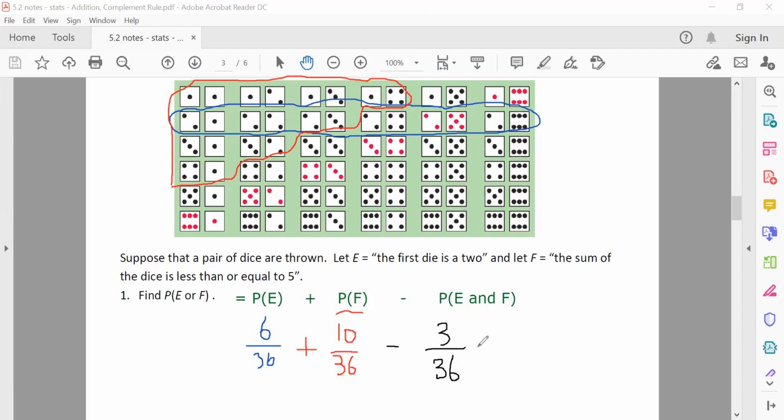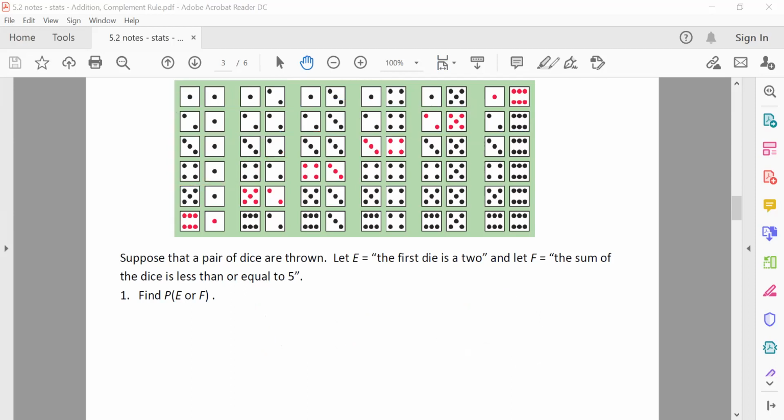So it's only counted once. 6 plus 10 is 16, minus 3 is 13 over 36. And then you're free to use a calculator to simplify 13 over 36, put it as a decimal, and round it to however many places you need.